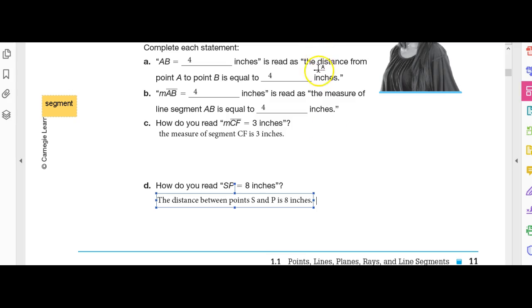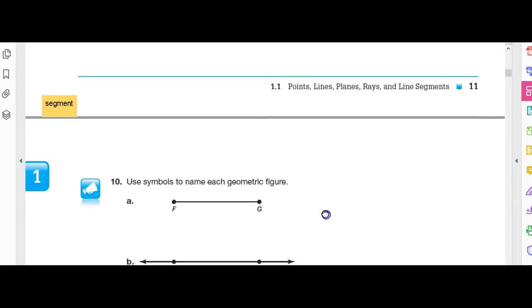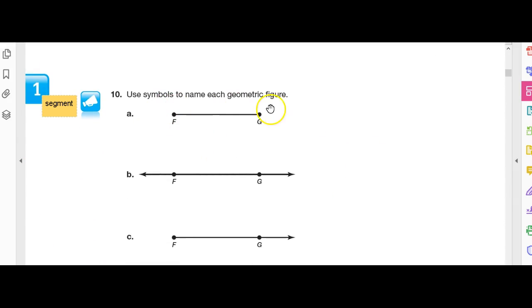And I think they wrote it up here: the distance from point A to point B, so we could say it that way too. It's another way to say it. The distance from point S to point P is 8 inches. It seems like it's talking about the same thing, but the reality is it's not quite talking about the same thing, is it?